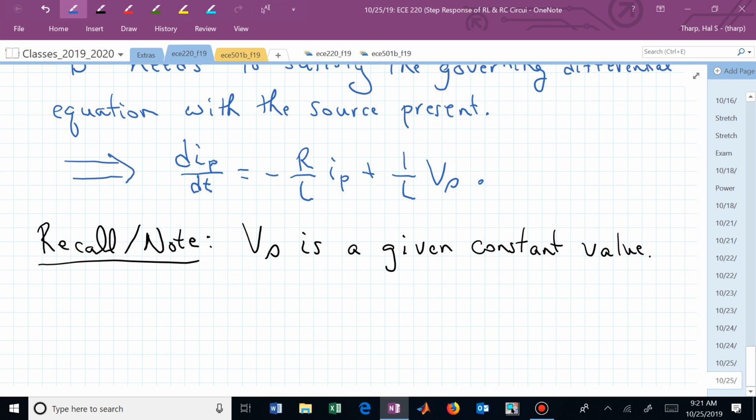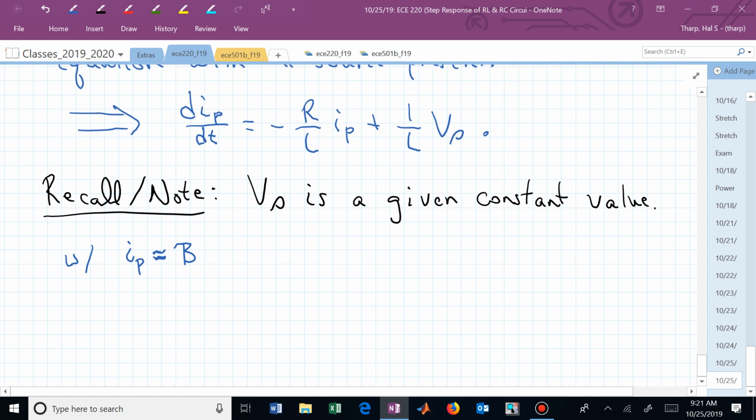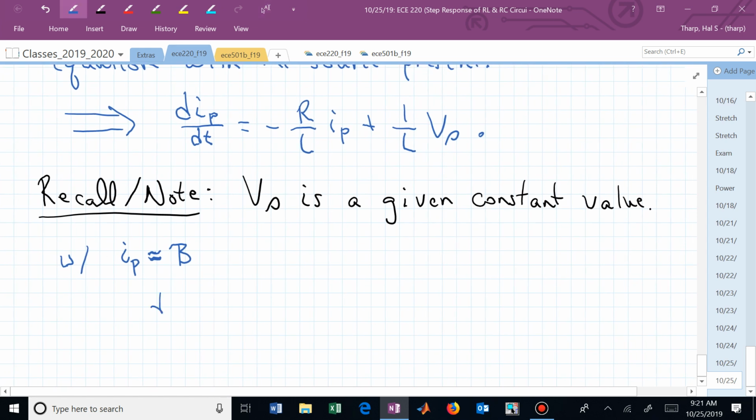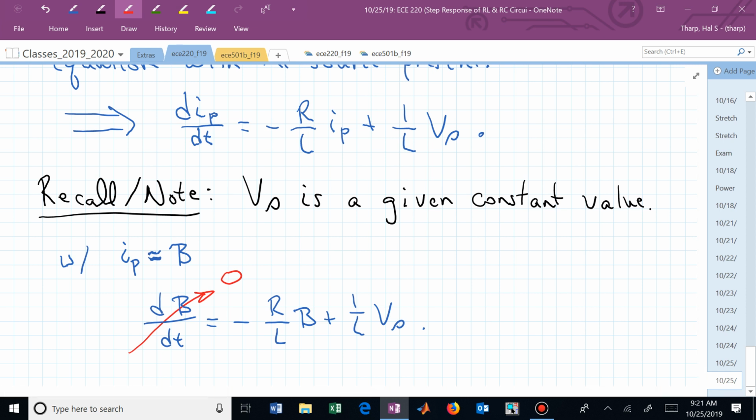Now, we said we wanted the structure of our particular solution to equal a constant b. So if we now let I sub p be b, we're taking the derivative of b on the left and setting that equal to minus R over L b plus 1 over L v sub s. We differentiate a constant, that goes away, that's 0.